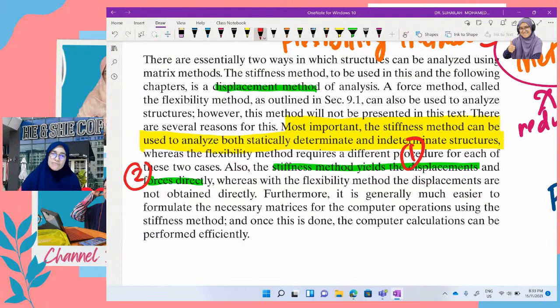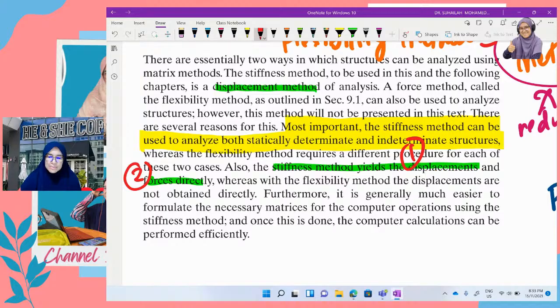The first output we calculate from stiffness method is displacement, and number two is forces.